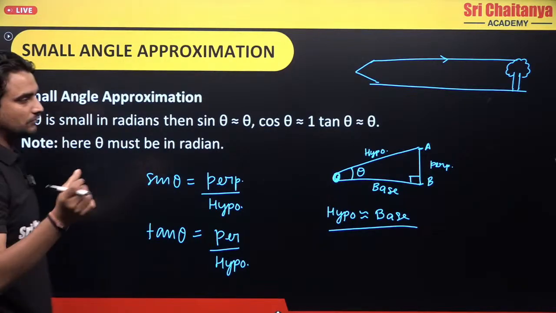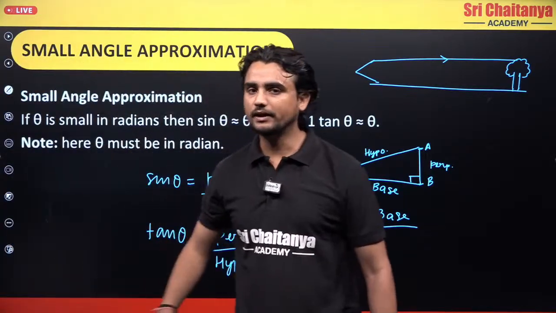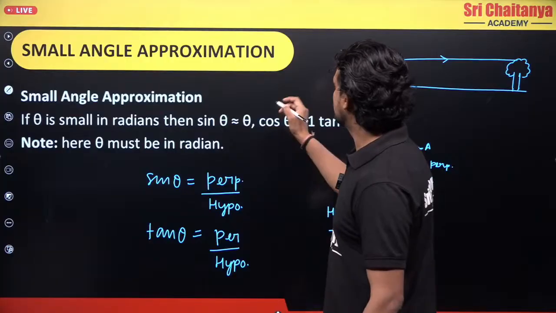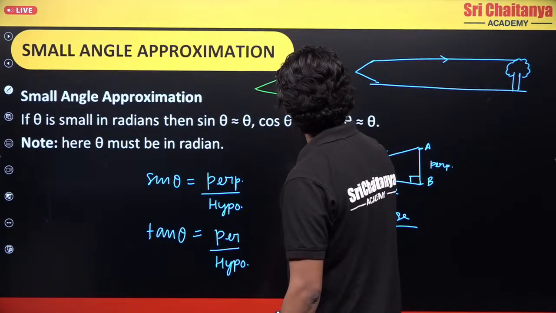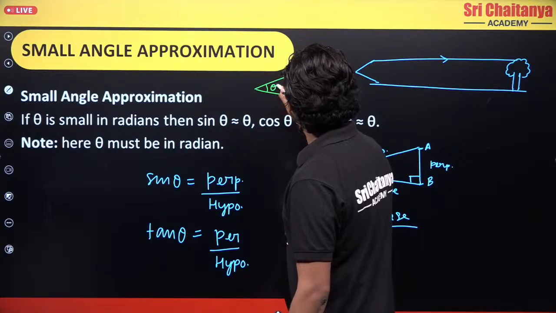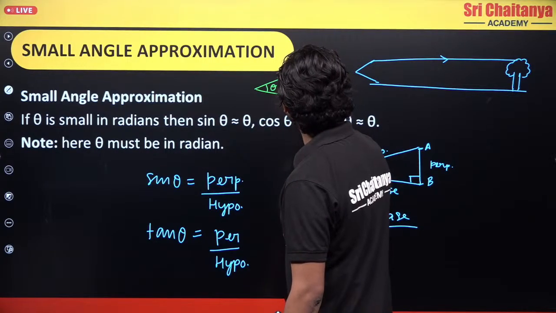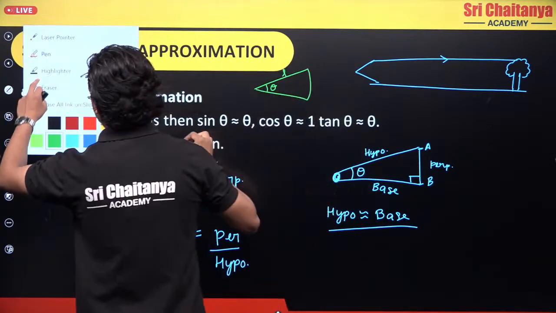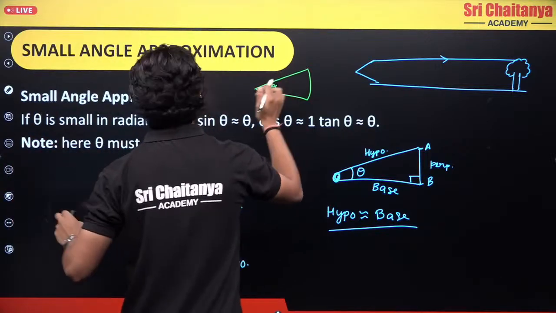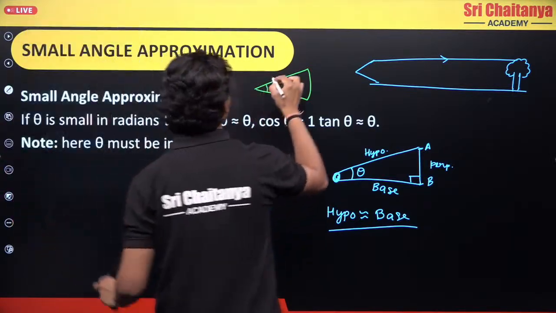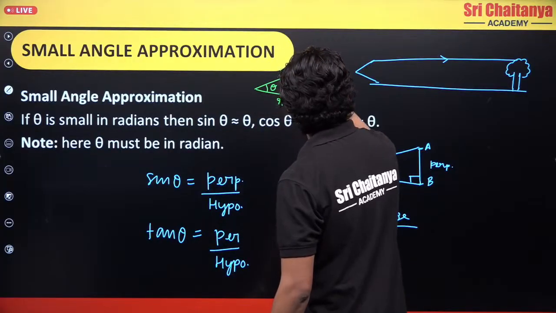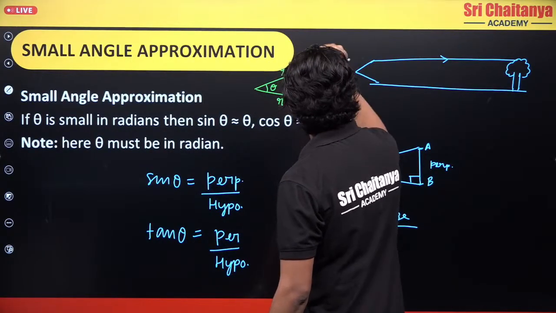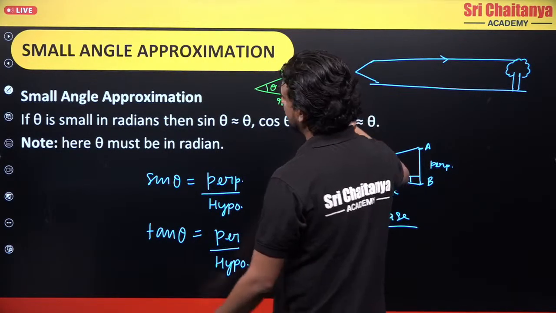In the first class of this trigonometry, what did I teach you? If there is a sector which subtends the angle theta, and this is R and this is R, then the length of this sector, this length L, will become R theta.